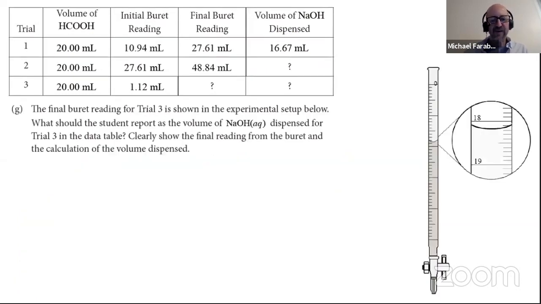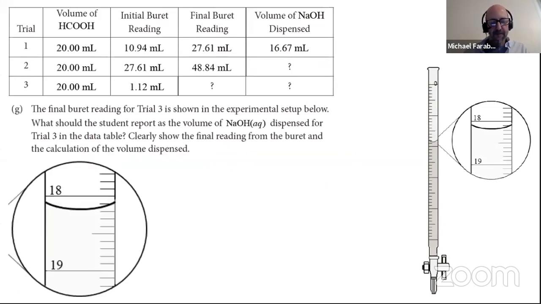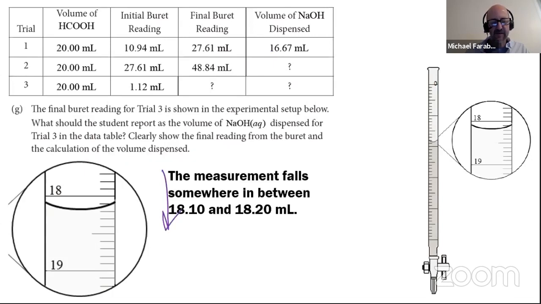All right, so can we read a burette? Well, we're going to read from top to bottom, and that math is going to give us an estimate. We're going to estimate that the bottom of the meniscus falls somewhere between 18.1 and 18.2, and we read this out to the 100th place. So I'm looking for 18.1 something minus the initial burette reading.